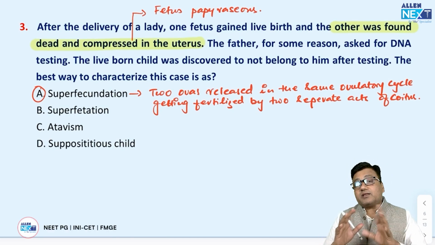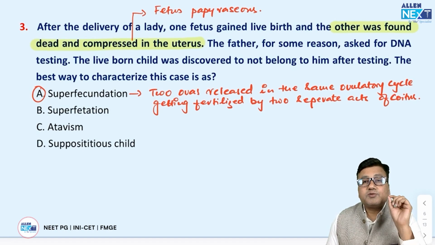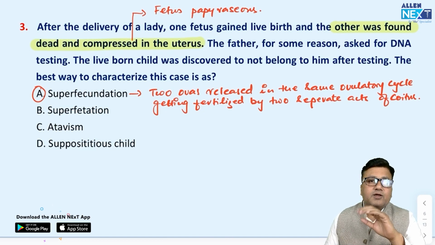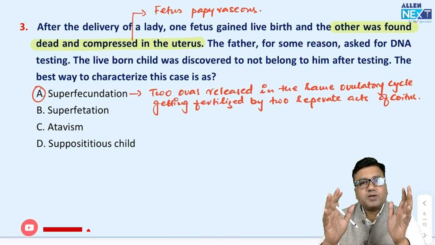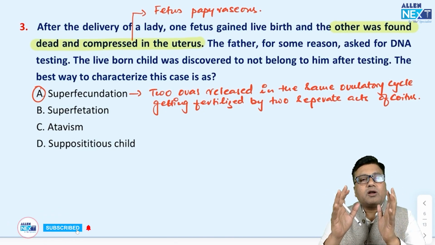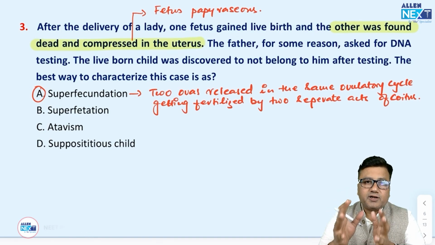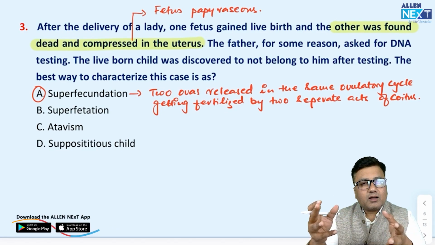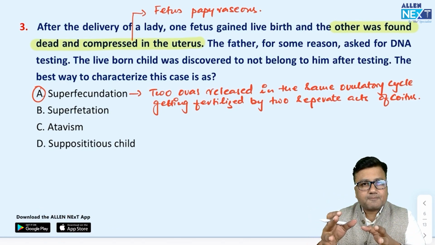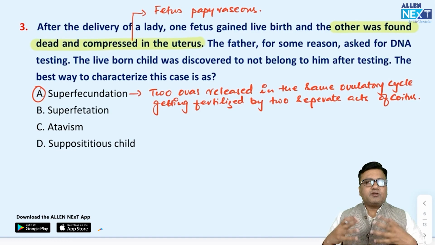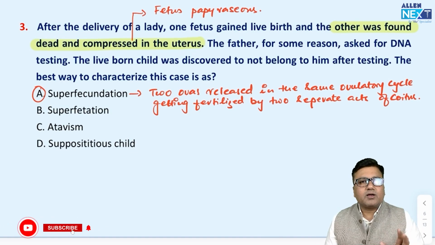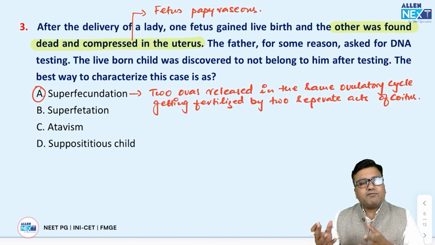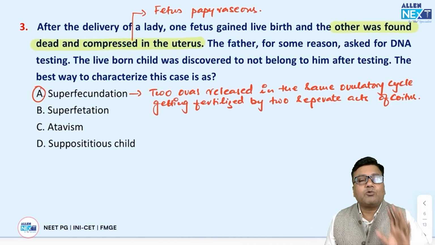On the other hand, there is another important word given in option B, which is called as superfetation. What is superfetation? Superfetation is a process where a female who is already pregnant with a fetus releases another ova during the first trimester. So sometimes during the first trimester, another ova can be released, and the second fertilization happens to that ova.